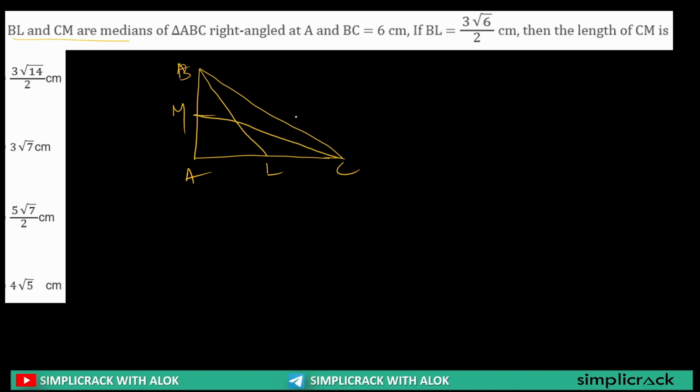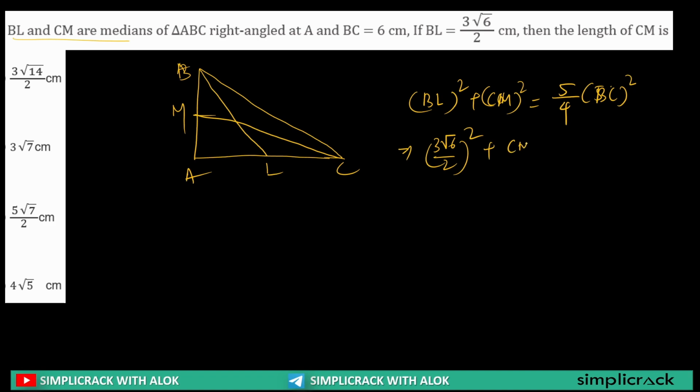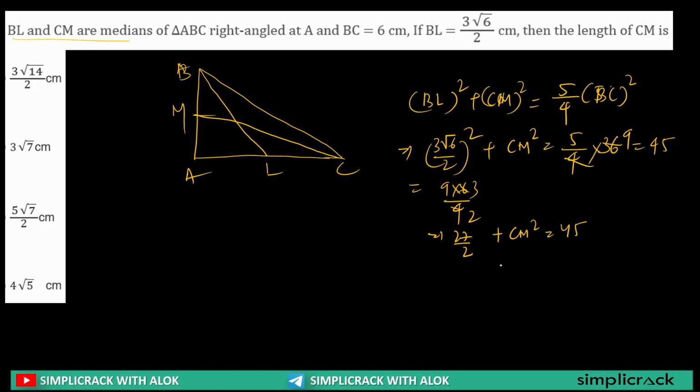BL has been given. Find out the length of CM. See, whenever this is given, you need to remember this formula: the sum of the squares of the medians is equal to 5 by 4 of the hypotenuse BC square. BL is given, 3 root 6 by 2 square plus CM square is unknown, is equal to 5 by 4 into 36, that is 45.